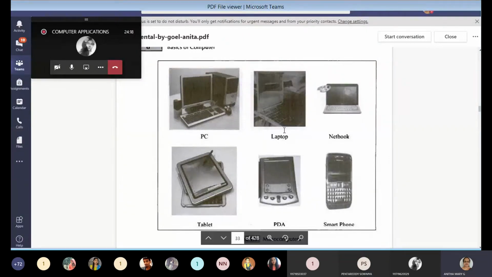So first, the PC is nothing but a desktop computer or personal computer, which is the most common type of computer which we use individually. It is a standalone machine, that means it can work without depending on anything else, and it can be placed on the desk.